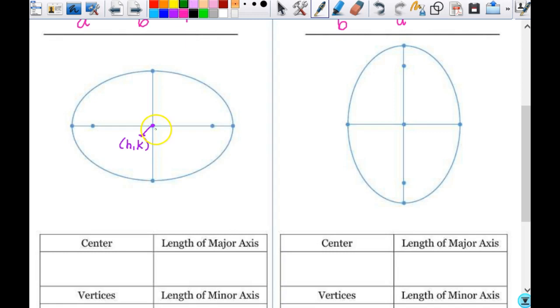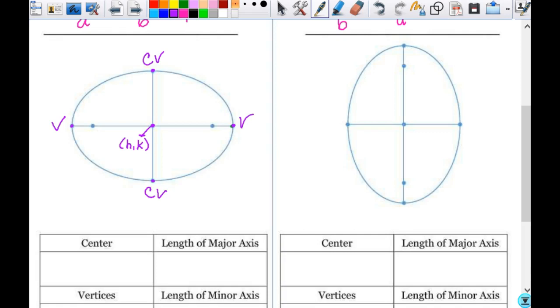The distance from here to here, what is this point called? This point right here. This is the vertex, right? Which means this is the other vertex. What is this? Co-vertex and a co-vertex, right?